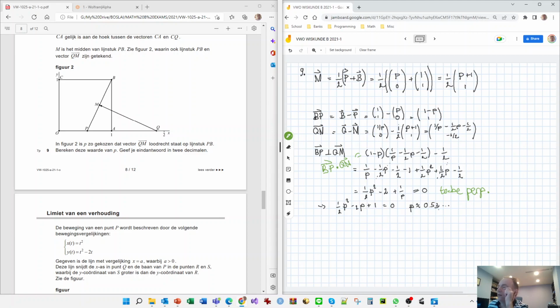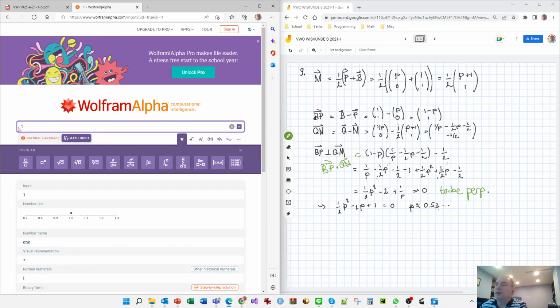Since they want the answer in 2 decimals, it indicates it has to be done numerically, and you can just put it in your calculator here, or something I can show in Wolfram Alpha, but you can do that in the graph calculator as well.